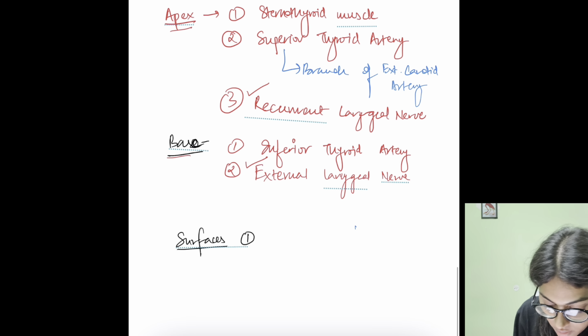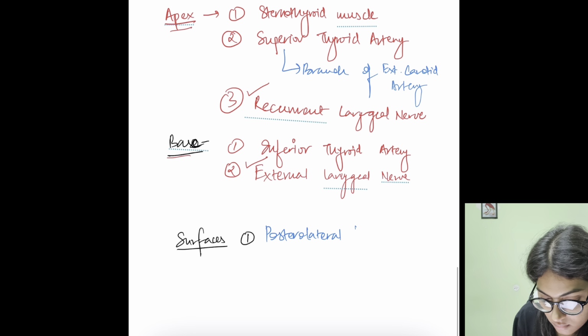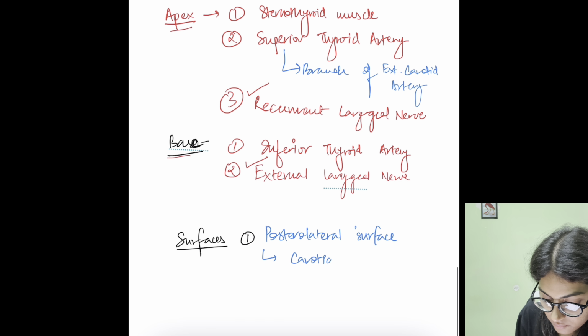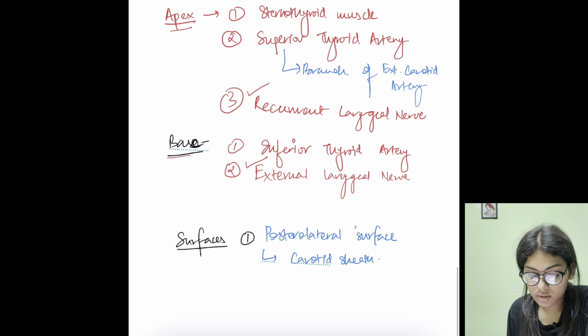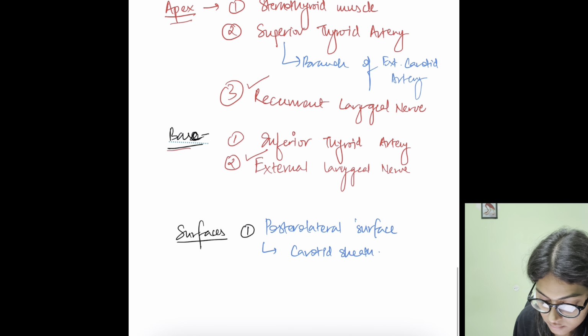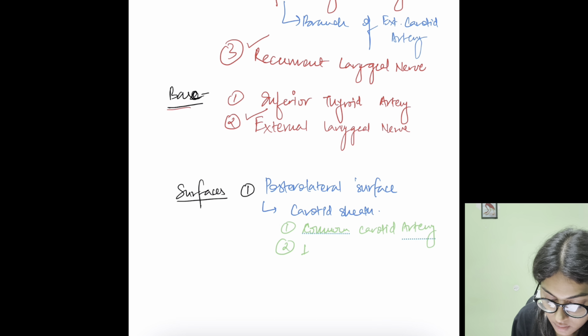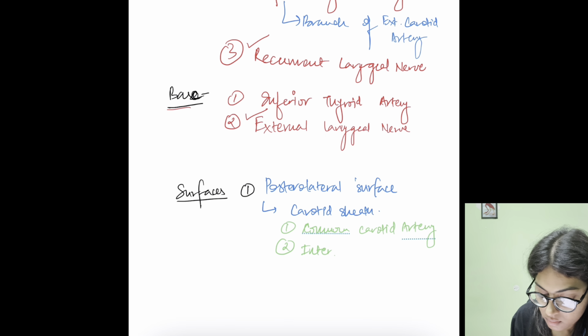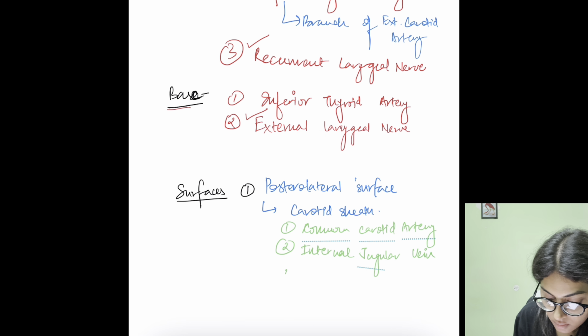On the posterolateral surface we have the carotid sheath, and the contents of the carotid sheath are first the common carotid artery, second the internal jugular vein, and third the vagus nerve.